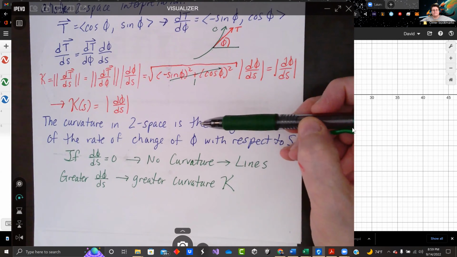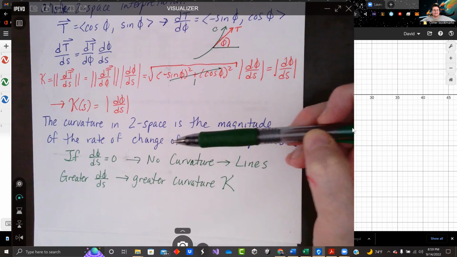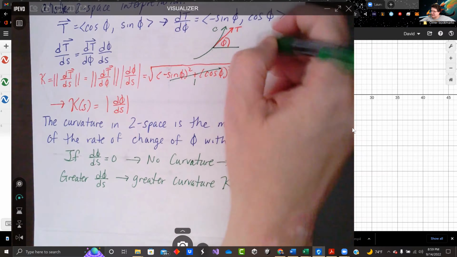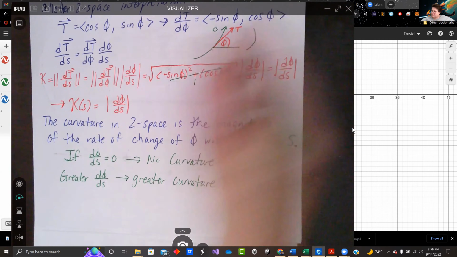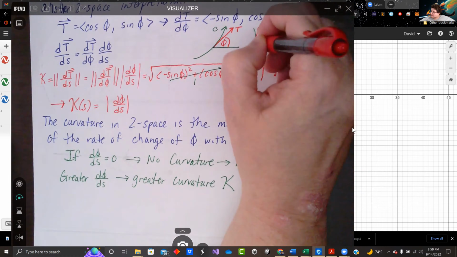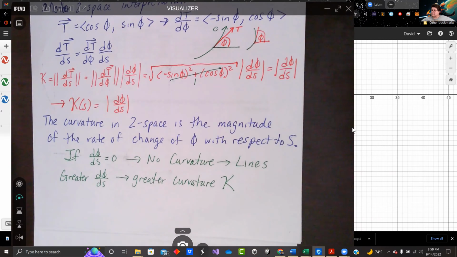We have a straight line. And the larger d phi/ds is, the greater the curvature is, because it means the angle is opening up wider even faster. As we travel along, the angle opens up wide really fast. That'll be it for 12.5. Peace.